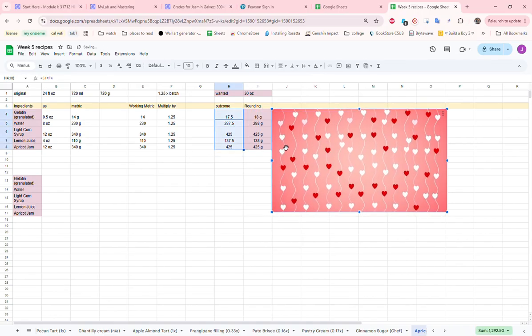So we go to rounding. 425 grams and 425 grams will stay the same, but everything else will be rounded up or down depending on the decimal. Everything is rounded up for this one. So we go here, here. And this is what you will be writing for your ingredients and measurements on your note cards.